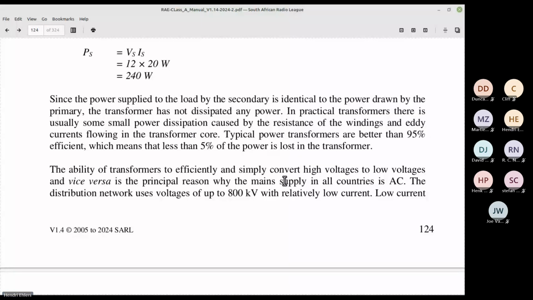Now, our mains distribution makes use of a lot of transformers, all the way from the power station, transmission lines. Because if you step voltage up, you drop the current, you can actually use thinner cable to transport a lot of power over a long distance with minimal losses because of the high voltage.